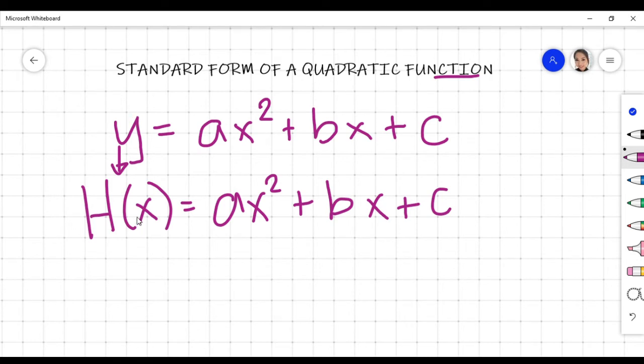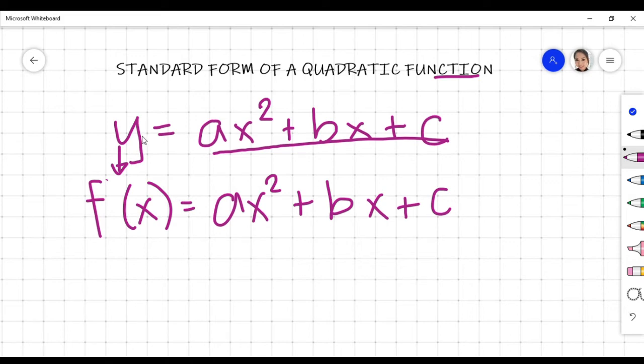So y or h of x or f of x are just the same, so don't get confused with that. It is just the name of our function. On the right side of our equation, we have here the ax squared plus bx plus c. Always observe that it should be in arranged form, and on the left side is the value of y.